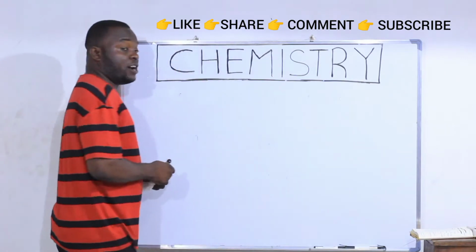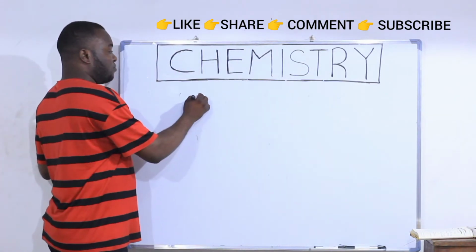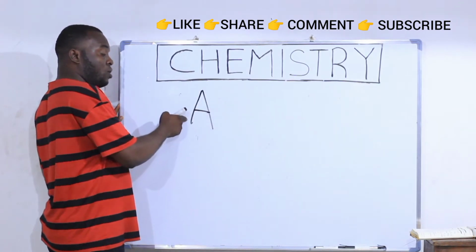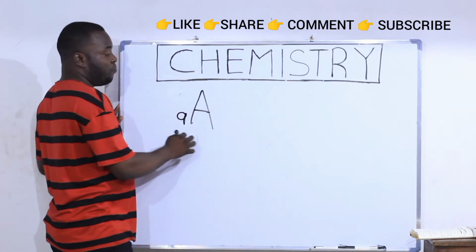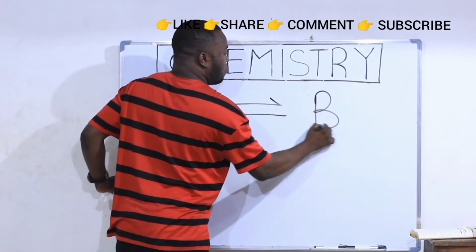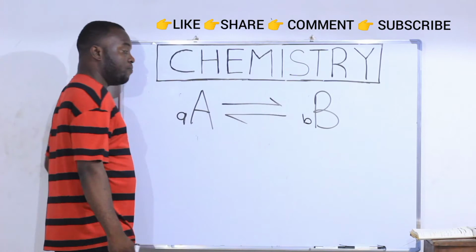If we have a reaction which we can represent as A, whose number of mole in the balanced equation is symbolized with small letter a, reversibly giving us B, whose number of mole in the balanced equation is symbolized with small letter b.